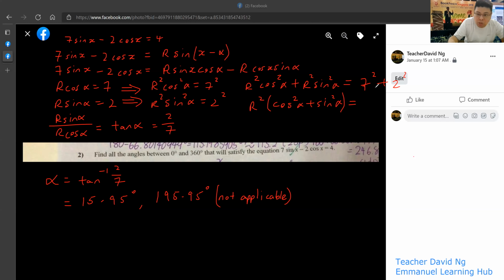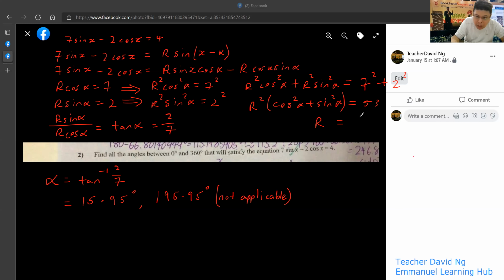And this is still 7 square plus 2 square: 7 square is 49, and 2 square is 4. You have 53. So sine square alpha plus cosine square alpha is equal to 1. That's the trigo identity. So R square is 53.